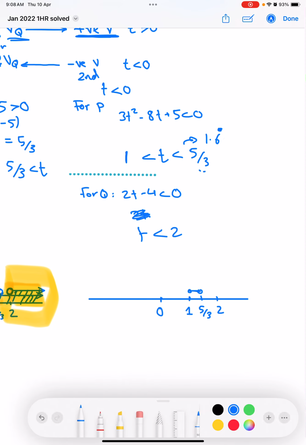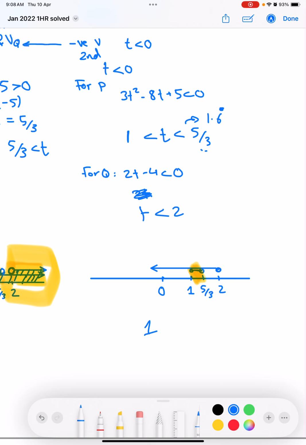T is in between both, so this is shaded. Then T is less than 2, so this part is also shaded. It's common.